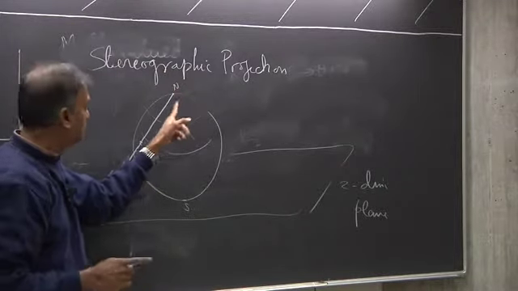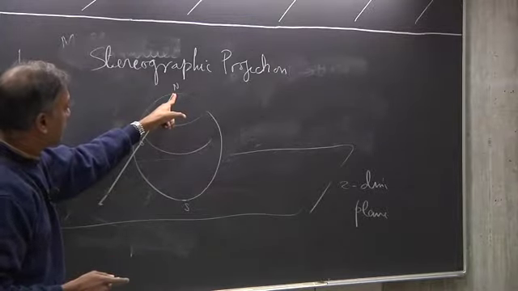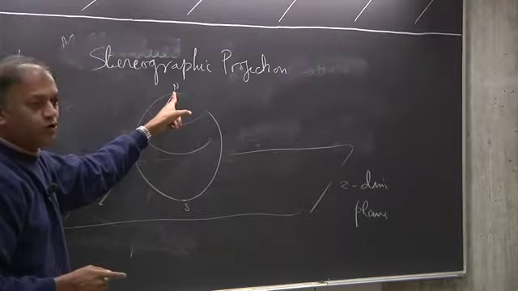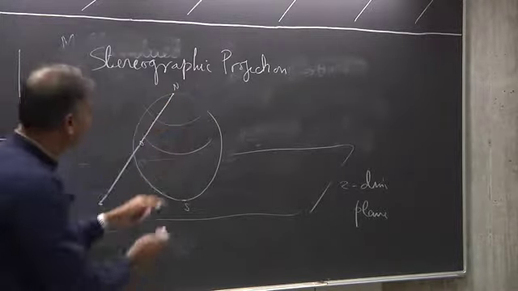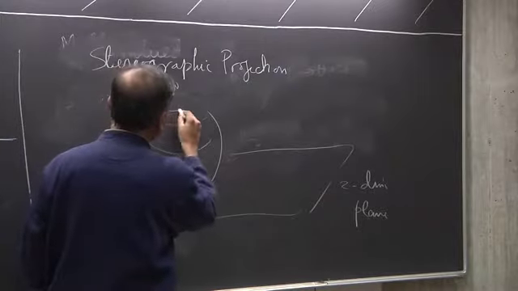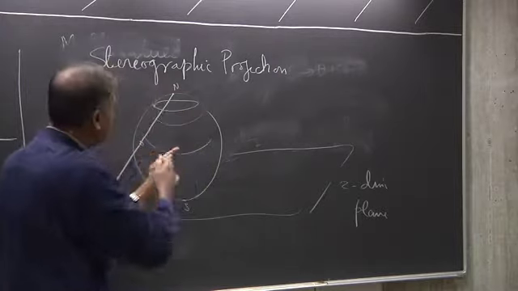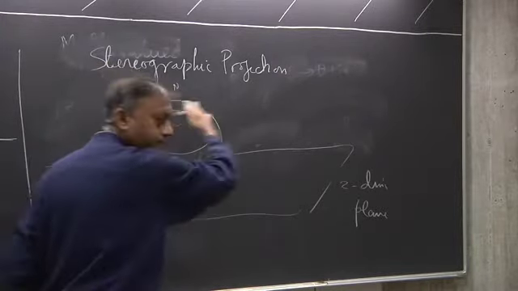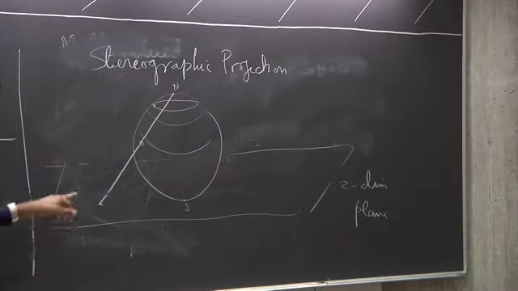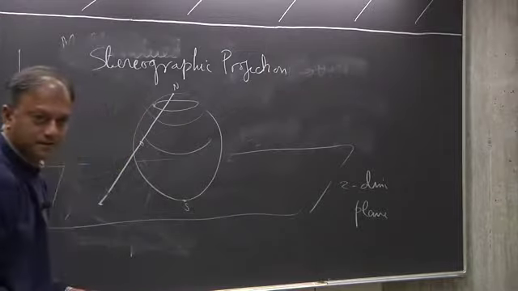Without the point at north pole, because if you try to use this rule to figure out where this north pole is mapped to, well, north pole is mapped to infinity, right? Because if you take the azimuthal circle, then that is going to be mapped by this rule to a circle on the plane, with this being the origin, right?